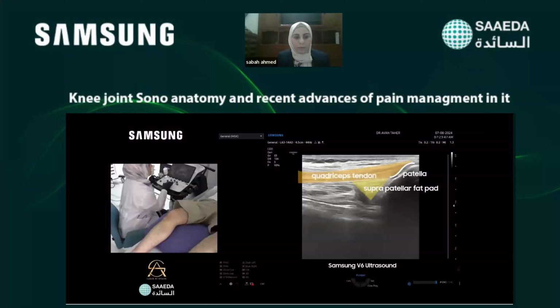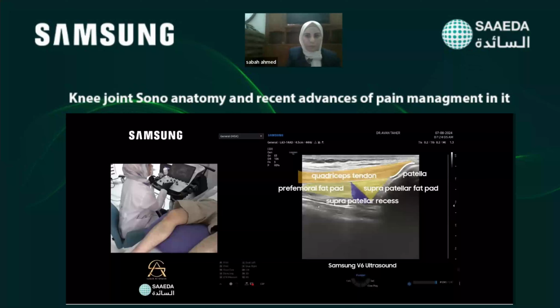This is the suprapatellar fat pad. This is the anechoic linear part. It is called the suprapatellar recess. Here is the prefemoral fat pad, and below it is the hypoechoic muscle called articularis genus muscle.